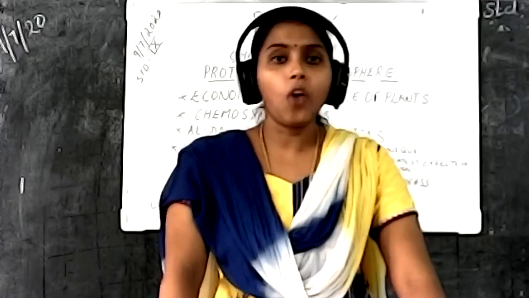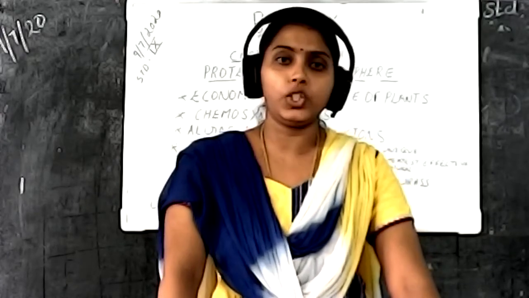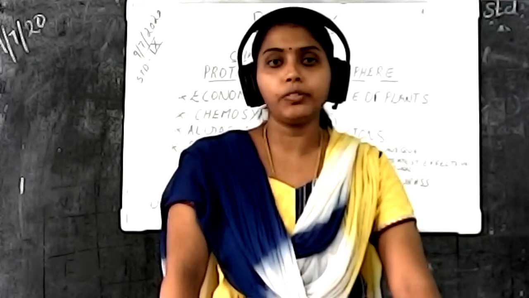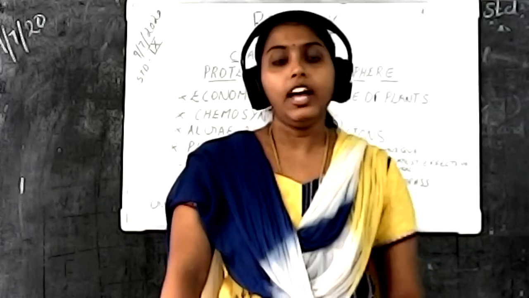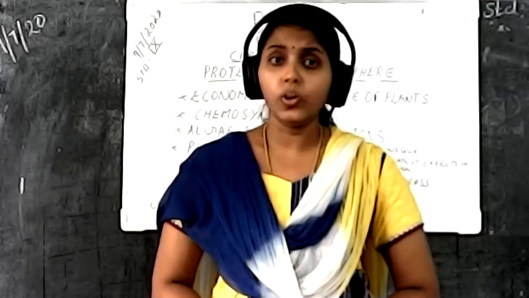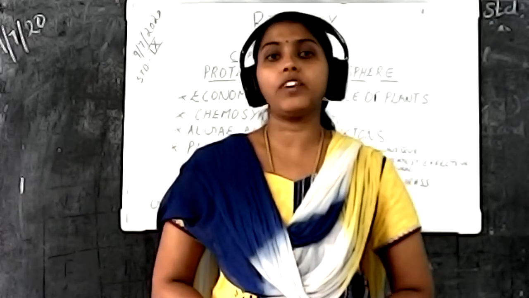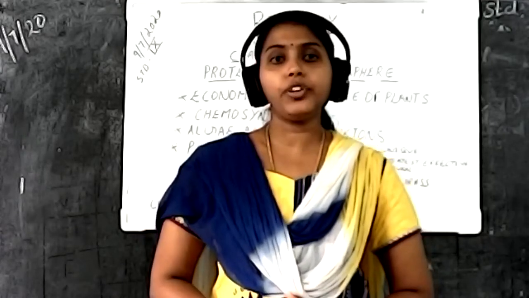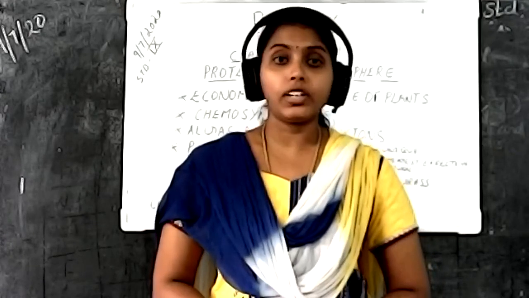So that's how our plants are providing a wide range of job opportunities for a large number of people. Is it clear for you? So we can understand that not only food and oxygen are they providing to us, but also a wide range of job opportunities for a large number of people. Is it clear for you? That is how the plants are economically important.